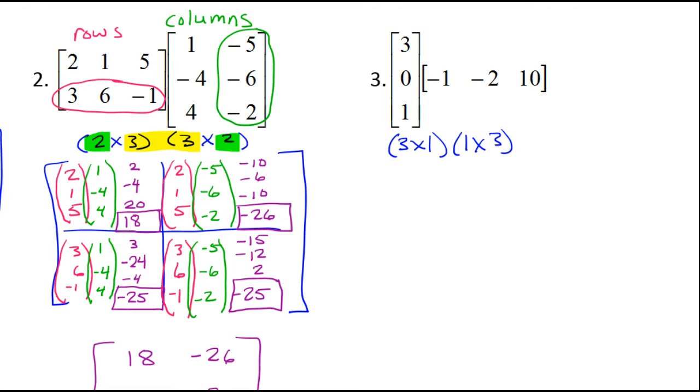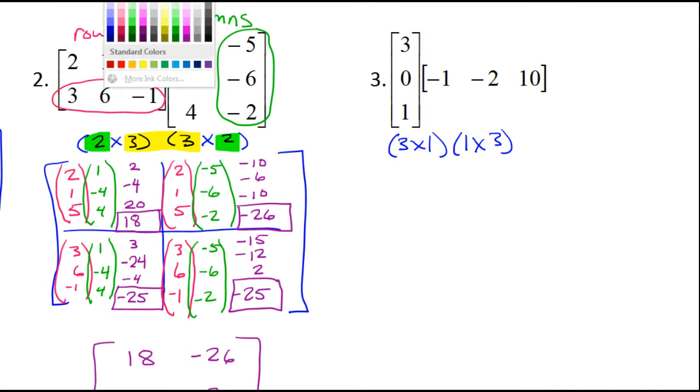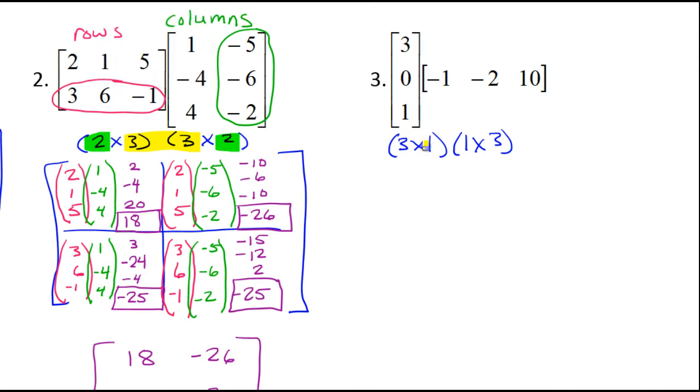Now, this will be possible only if the inner dimensions are the same. See how the inner dimensions are both 1? That means this product is possible. Now, the outer dimensions, you can see, will tell you the dimensions of the final answer, the dimensions of the product. So my final answer will be a 3 by 3 matrix.